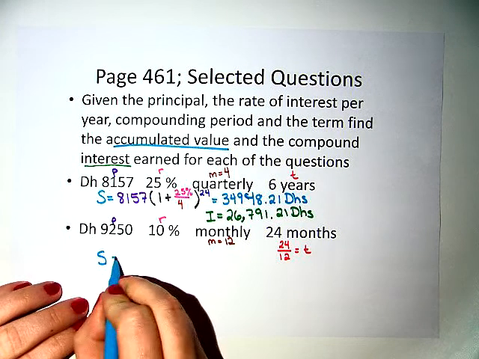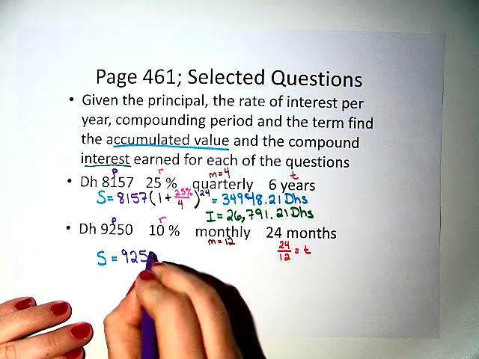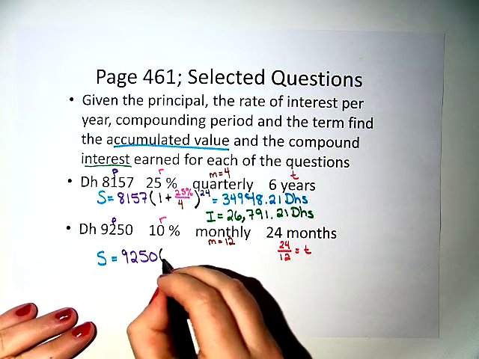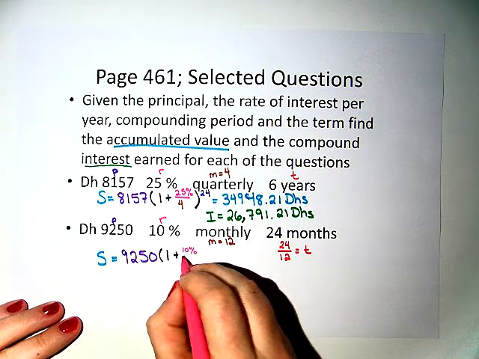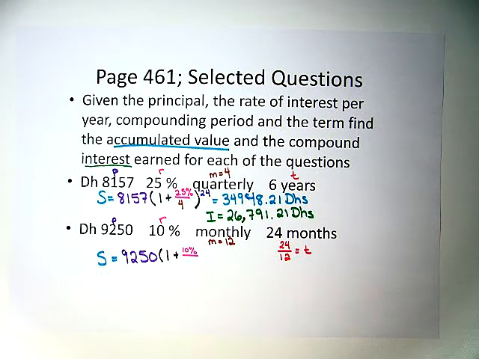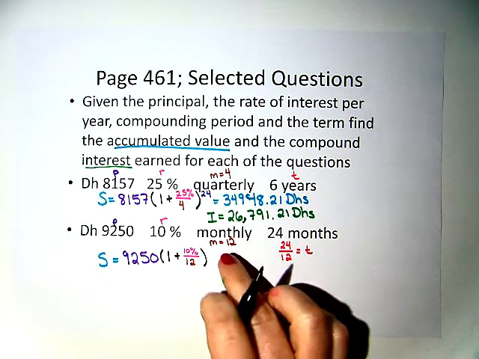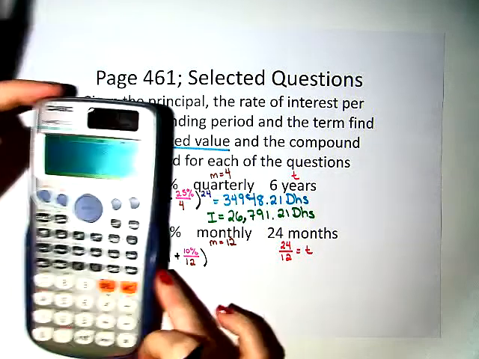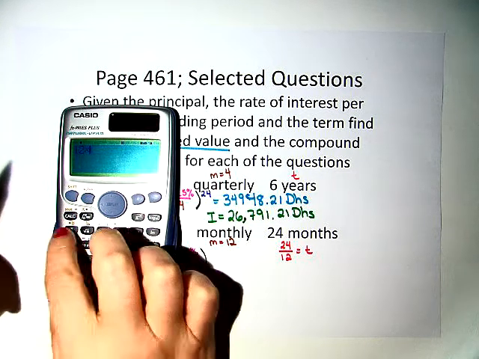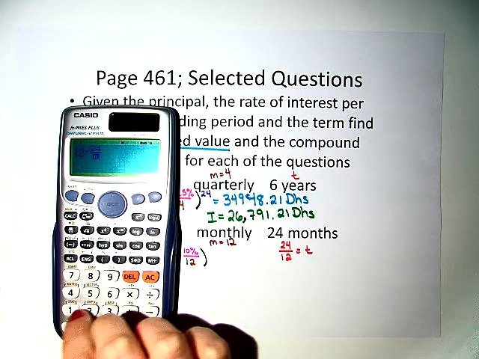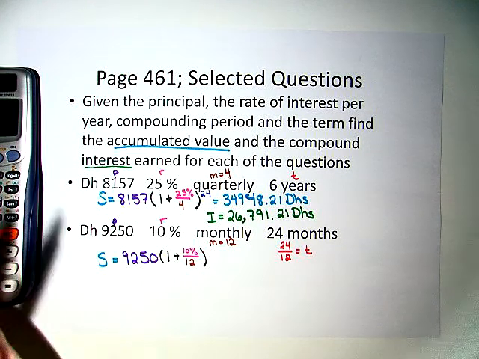So S equals 9250 times 1 plus 10% divided by, and it's monthly, so 12, raised. Now here we need to do 12 times 24 over 12, so let's put that in the calculator first so that we can find the answer. 12 times fraction 24 over 12 gives me 24.